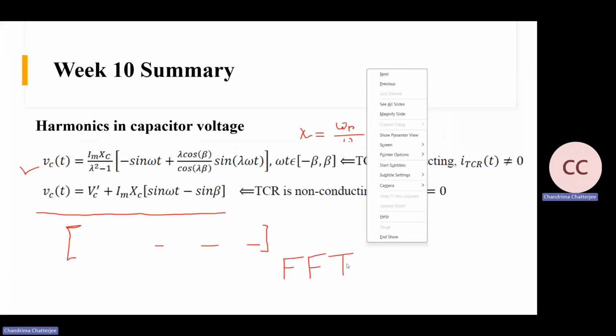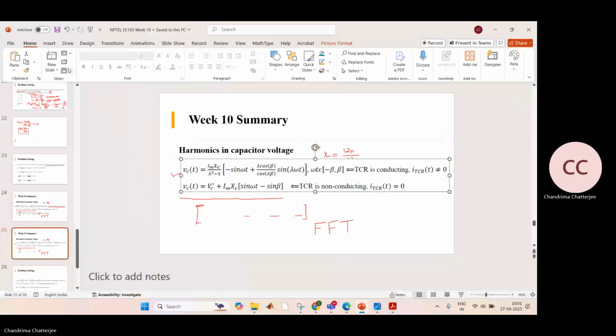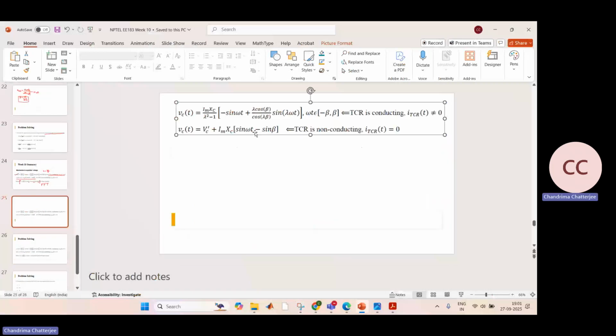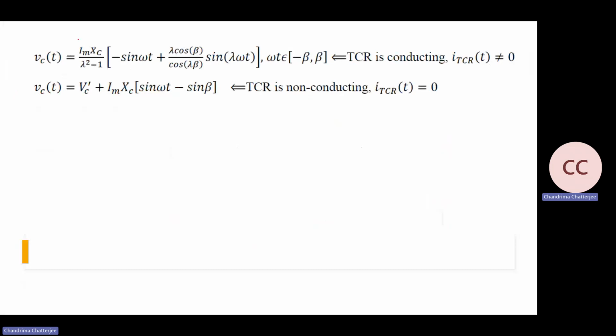Okay. So just a minute, I will just take one clean slide. So what is the voltage expression when TCR is non-conducting? The voltage expression is this.